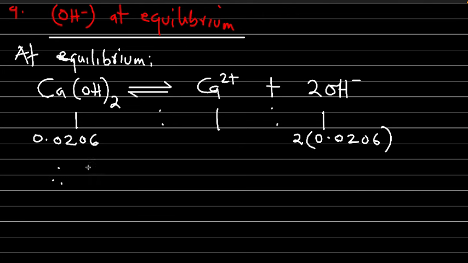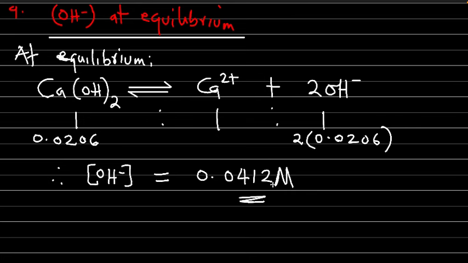Therefore, the concentration of OH at equilibrium is going to be 2 times 0.0206. So this is going to give us 0.0412 molar. And this is for the first trial. You're going to do the same thing for the second trial and the third trial.